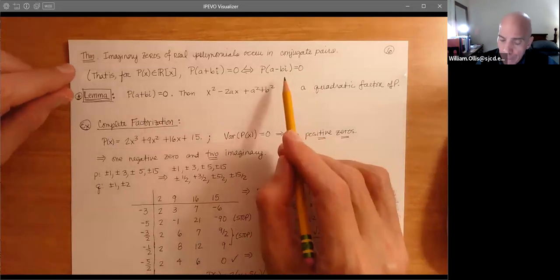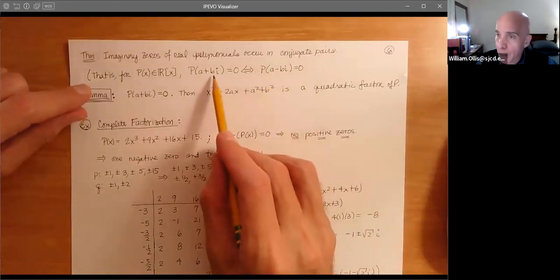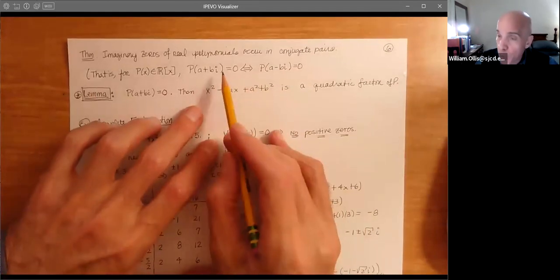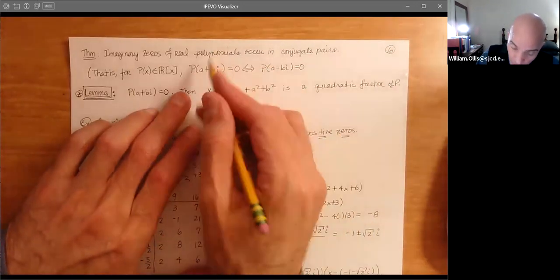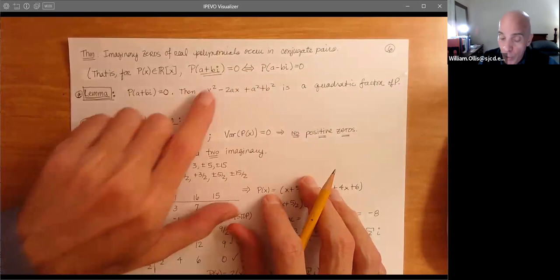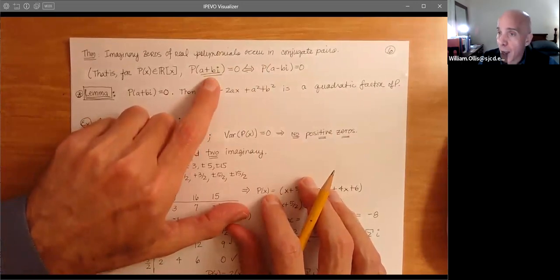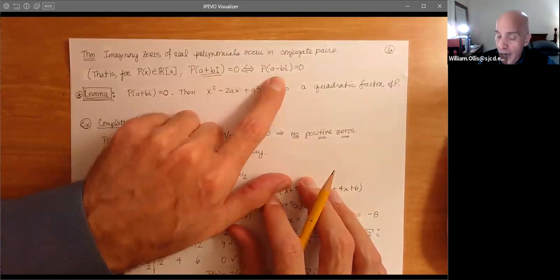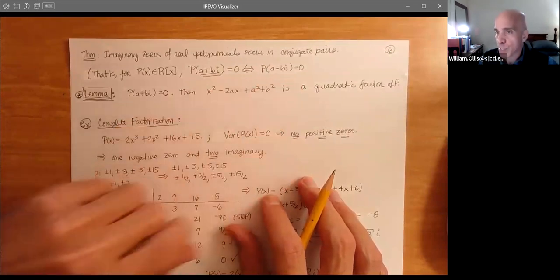So this, using properties of the imaginary unit, will always be true. If you have a 0 of a real polynomial, and you call it a plus bi, then you automatically know that its complex conjugate, a minus bi, is also a 0.